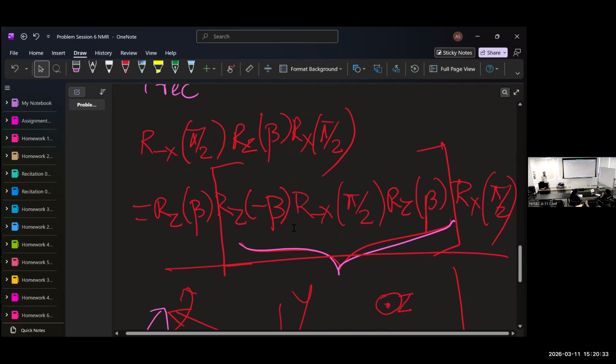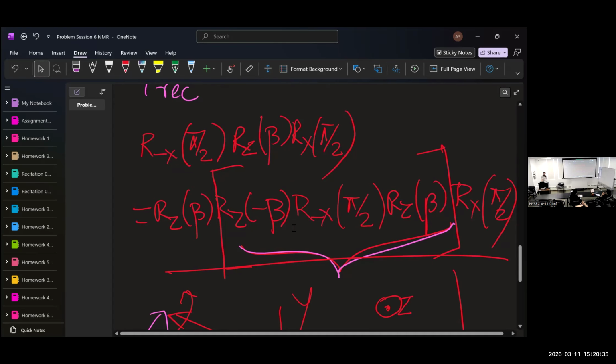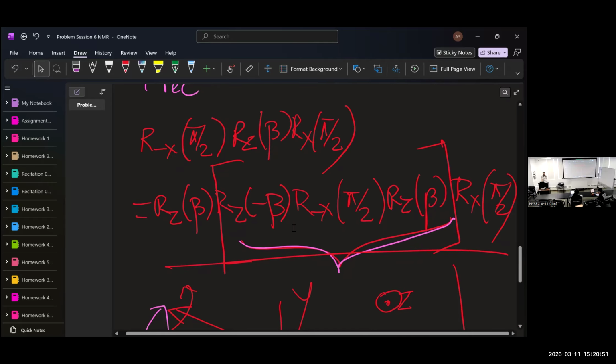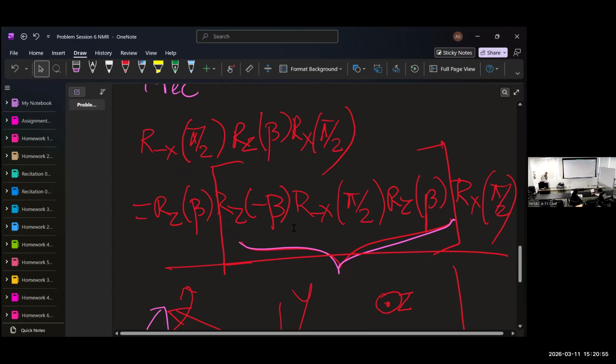So the z rotation of beta is minus x. And we have to read this from right to left. This is an operator product. So first we rotate counterclockwise through beta. And that brings the axis back to the minus x.